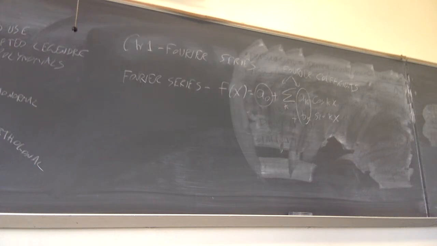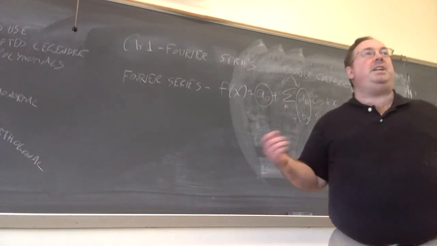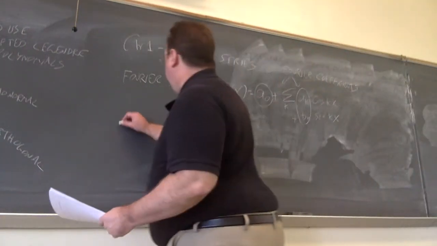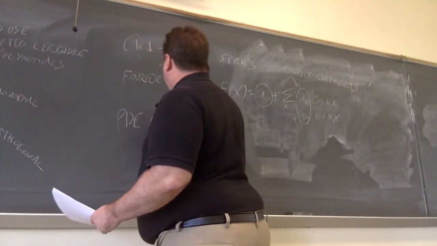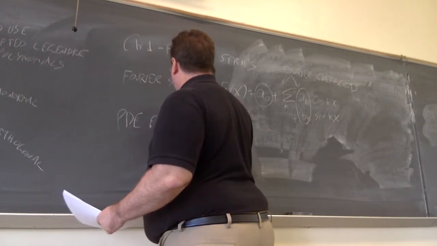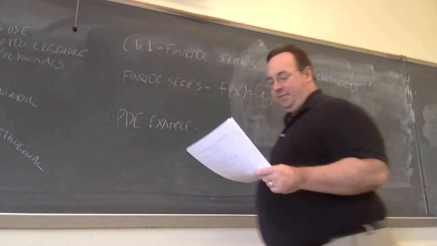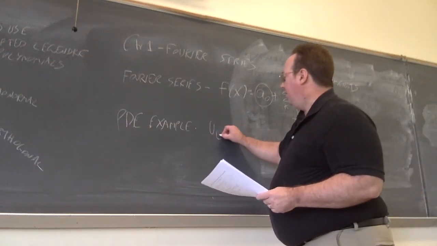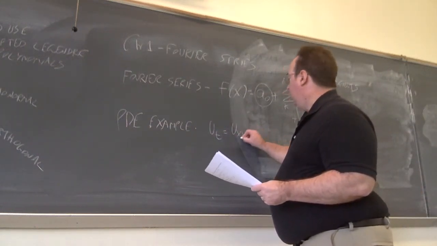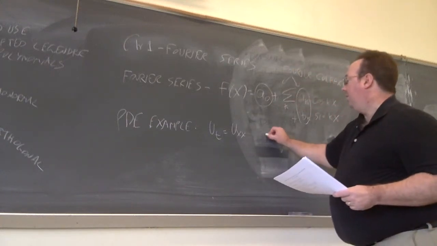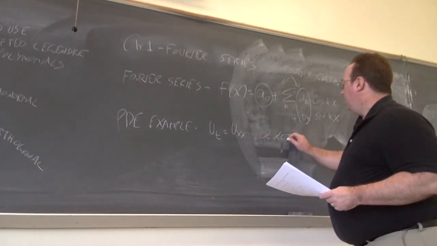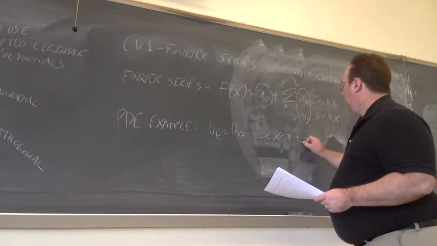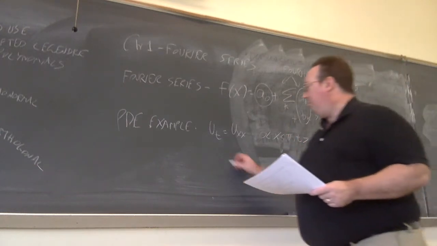Okay, so I'm going to give an example of how these kinds of Fourier series are useful. That comes from PDEs. All right. So most of you have taken a PDE course. This will be familiar to you. So if you look at, for instance, the heat equation, let's say on the interval 0 to pi. Okay. And then we have some initial condition.